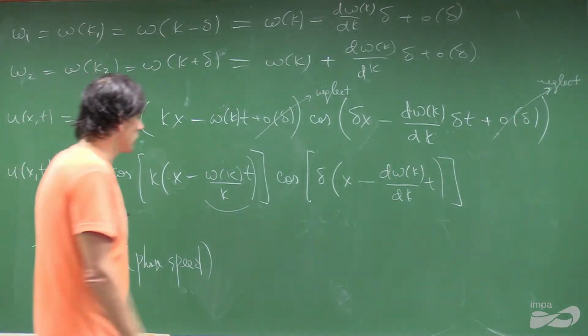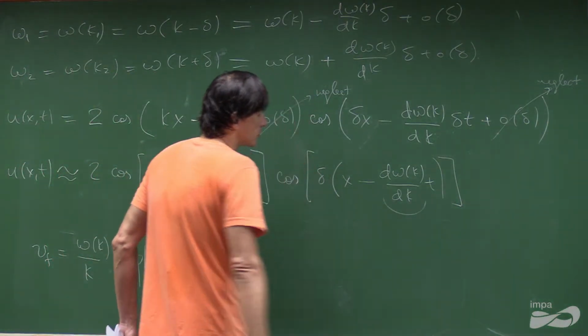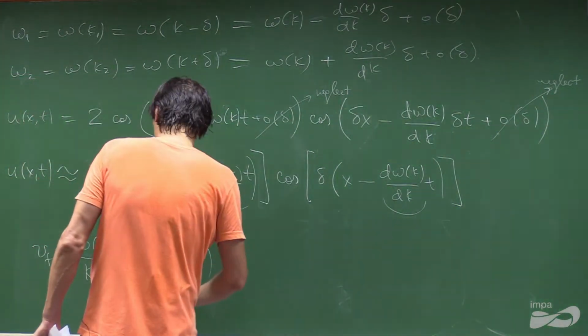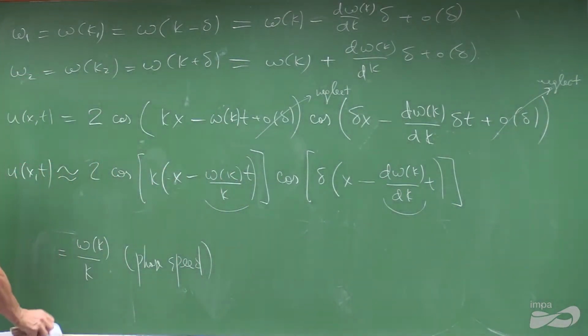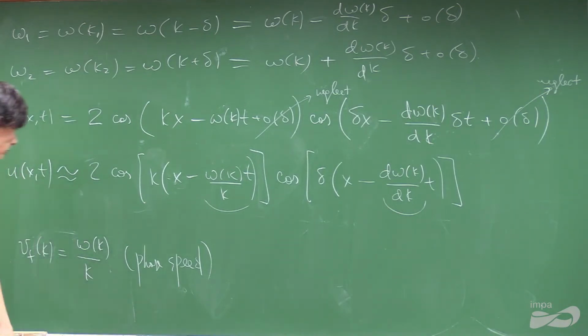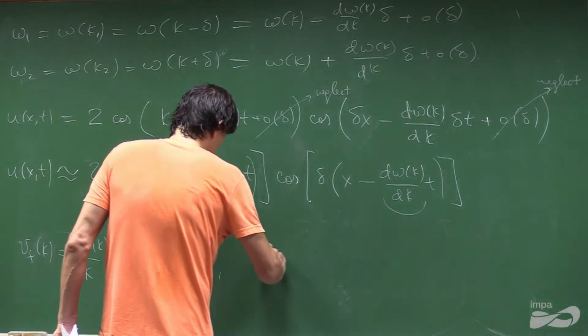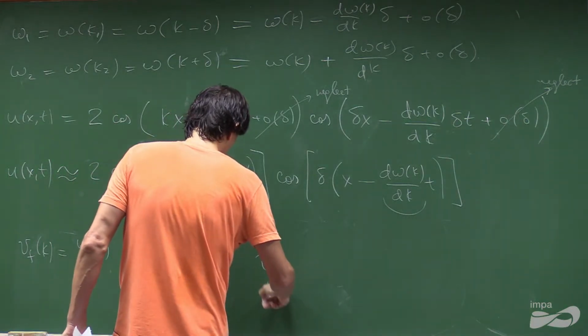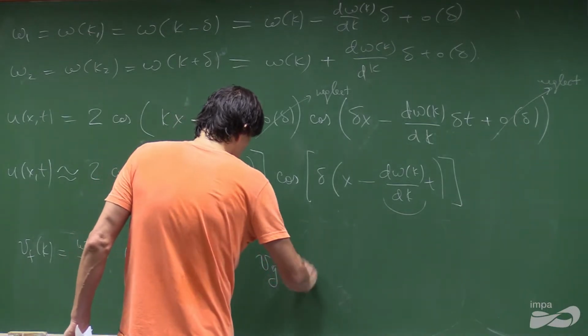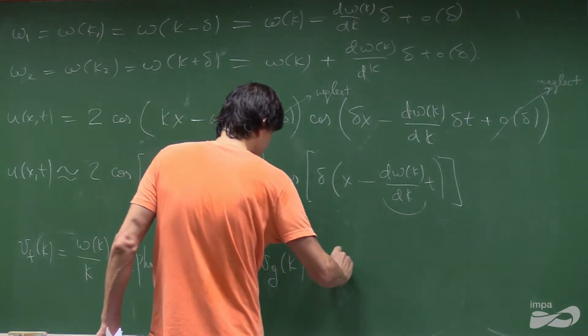And then we have another similar quantity, which is a derivative. And this phase speed is a function of k, just to remember. So we introduce another quantity which we'll call group speed, which is this derivative.